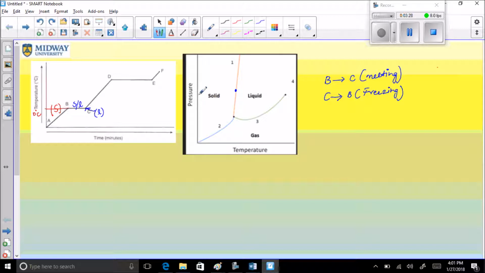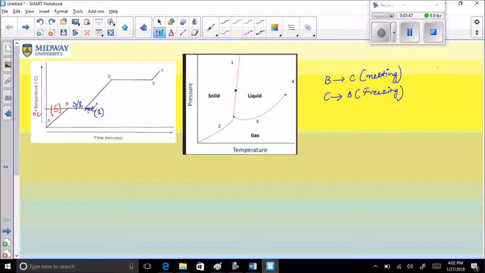If you go to one side, to the left of this line, then we're between A and B, and if you go to the right of this line, which is above C. So whenever it's a flat line, you have a combination of phases, that is more than one phase exists.